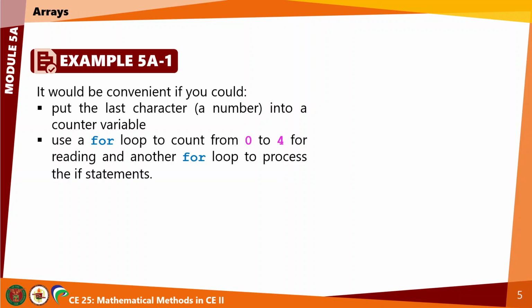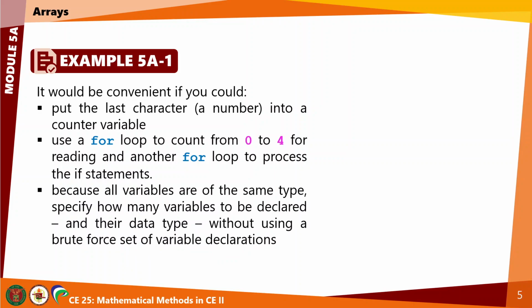We'll be using a for loop to count from 0 to 4 for reading the test scores and storing each one. And then another for loop to process the if statements. The statements are all the same anyway. Since our variables are all the same type, integer, you just specify how many variables need to be declared and the specific data type. There's no need to brute force everything one by one. Basically, it's already in a loop.